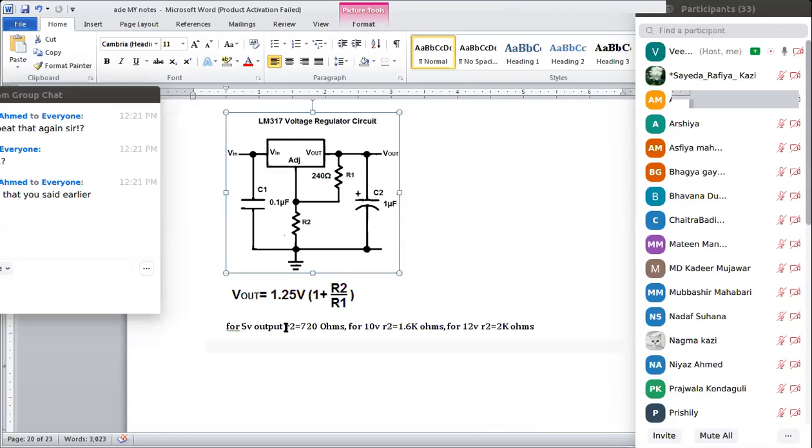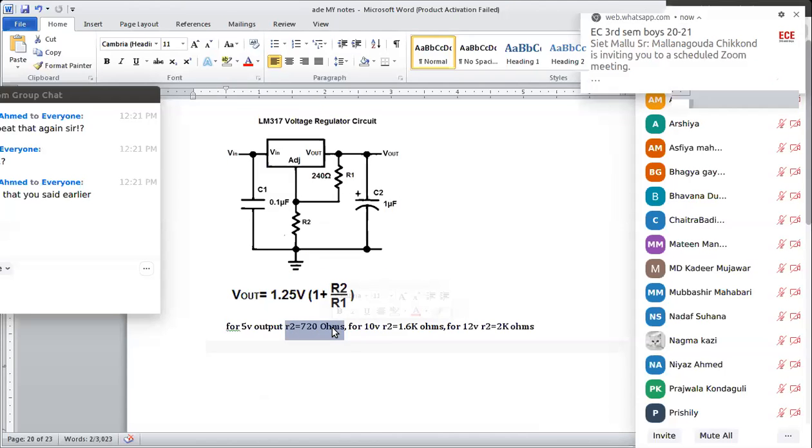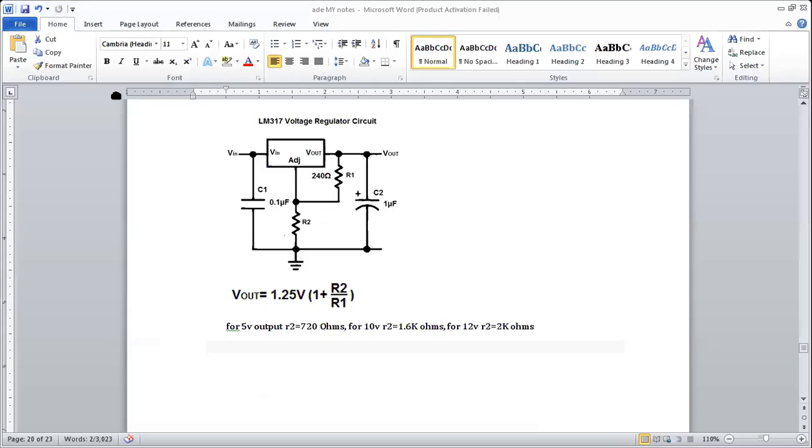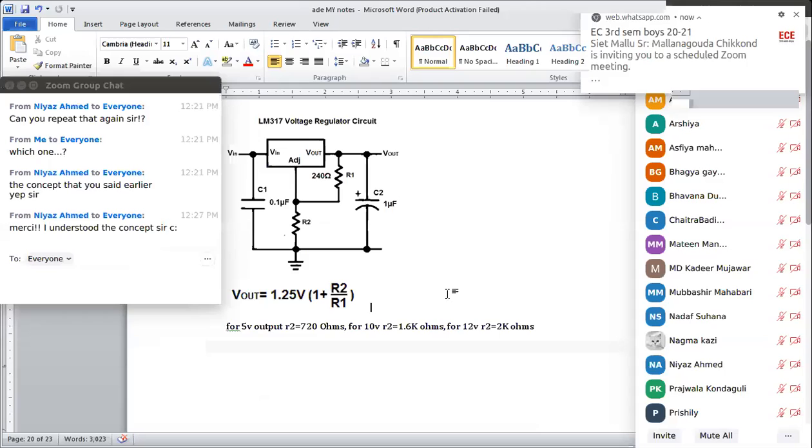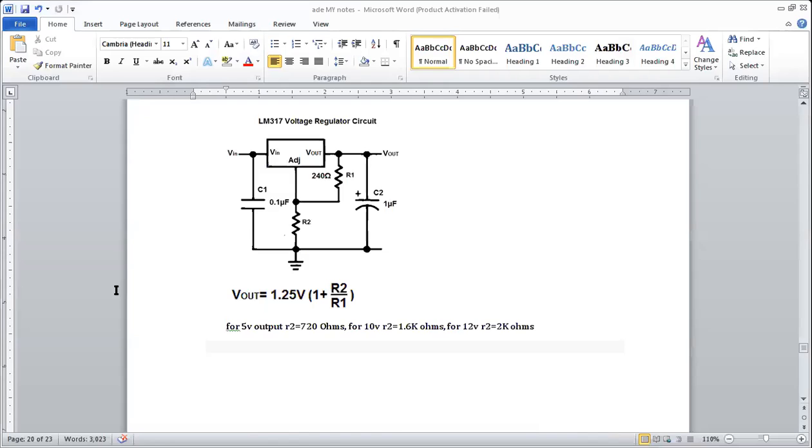For that purpose, I need to change the value of resistance R2. Is that okay? Okay, fine, if you have understood.